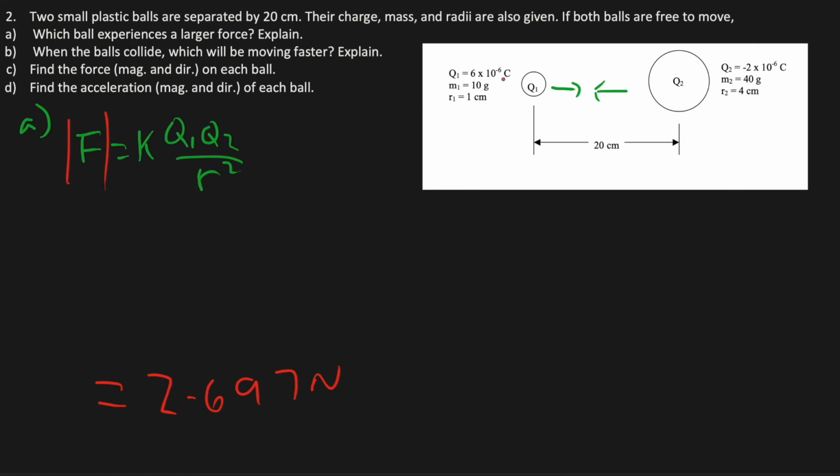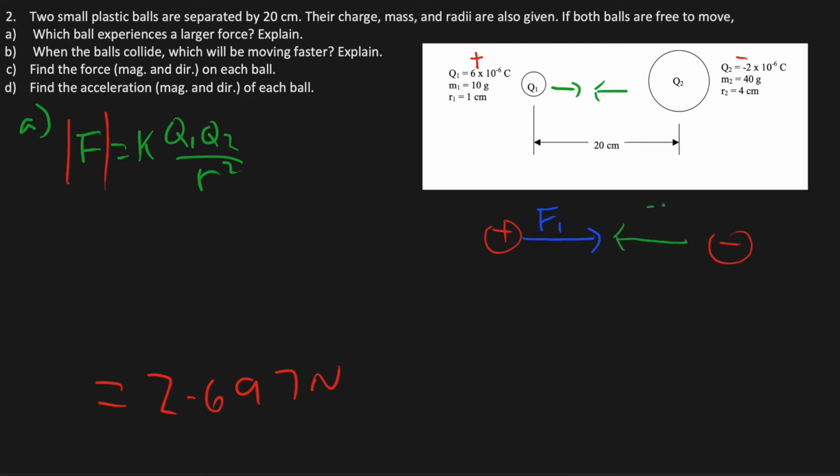Charge 1 has a positive charge and charge 2 has a negative charge, and we know opposites attract each other. So the negative charge is going to pull the positive charge a little bit closer, so there's going to be an attractive force for charge 1. And same thing for the negative charge: the positive charge is going to pull the negative charge a little bit closer.